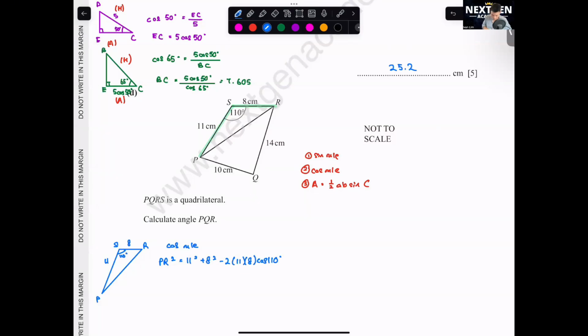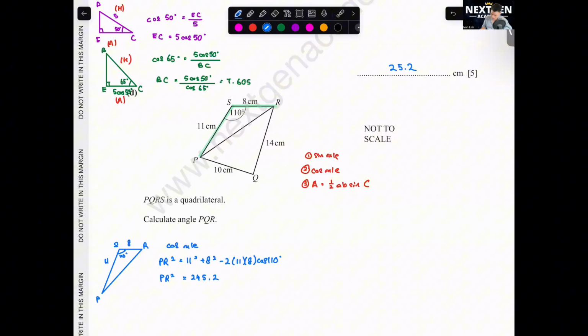Go type this in the calculator: 11 square plus 8 square minus 2 times 11 times 8 cos 110. We'll get 245.2. PR square will be this value. We can just leave it over here first.